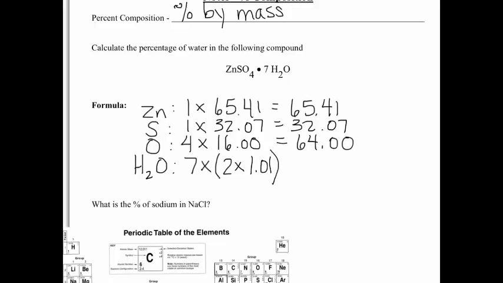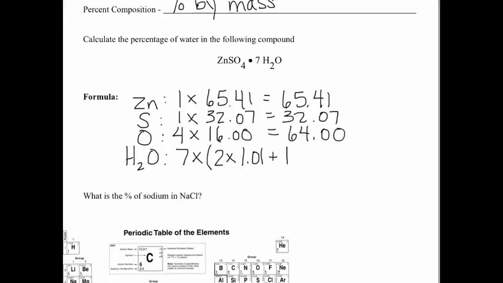And then also we need to, maybe I shouldn't put in parentheses there. We are going to add the mass of 1 atom, 1 times the mass of oxygen, which is 16.00.